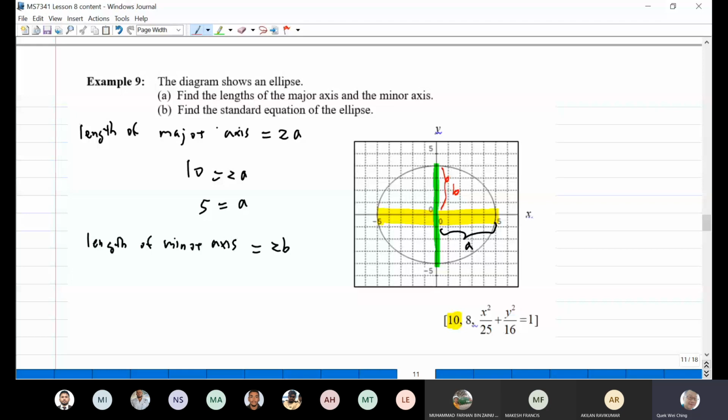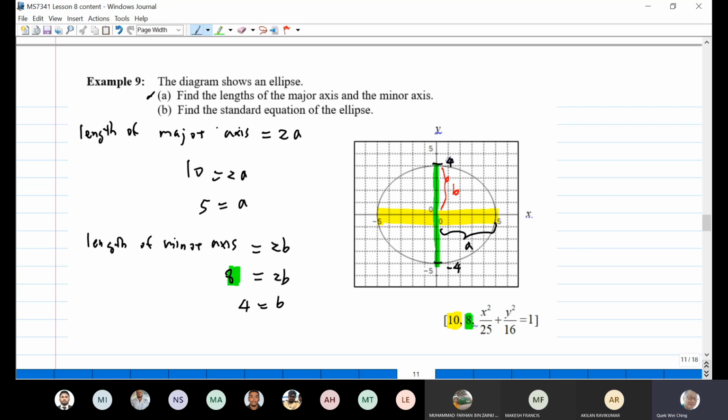How much is that? It goes from minus 4 to 4, which is equal to 8. So b equals 4, and the length of the minor axis is 8. So this is the answer for part A.